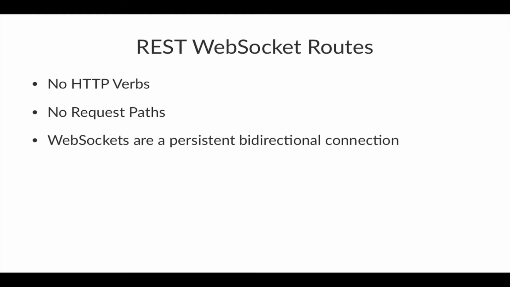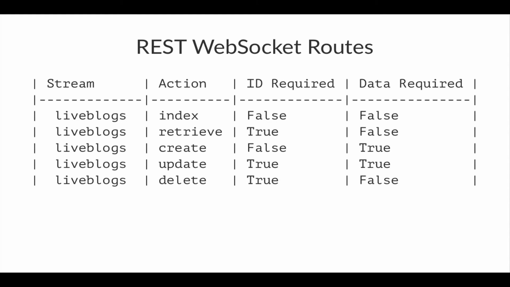So WebSockets are persistent, bidirectional communication, like I've been saying. Now we're going to look at this table again, but translated for WebSockets, and point out some differences. First, no HTTP verbs. Second, no request paths.